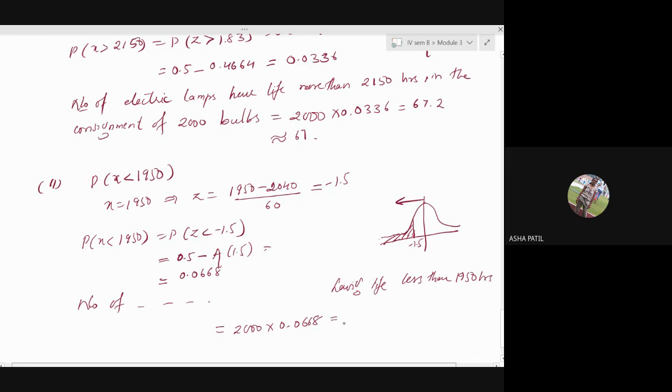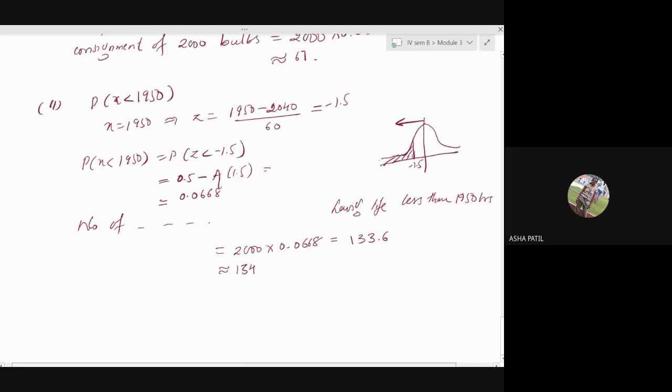So how much do you get if you multiply by 2000? 133.6. What will you write it as? We want integer value, so write 134.